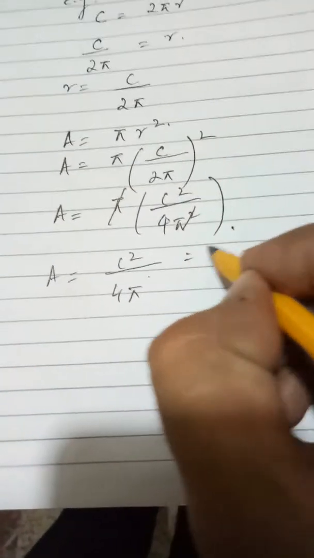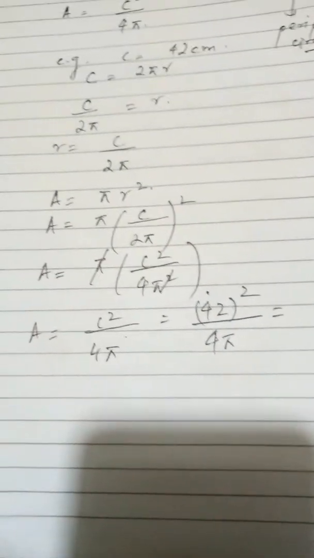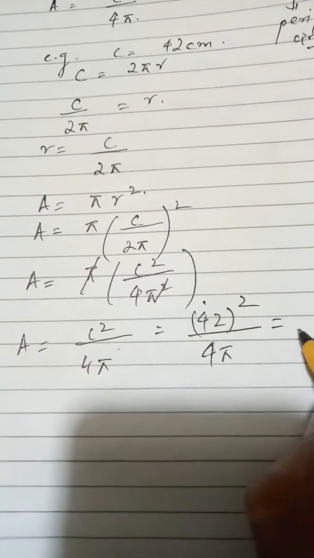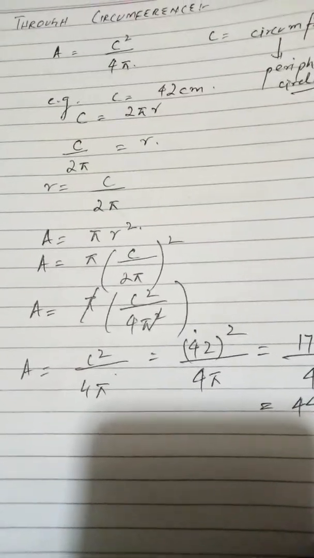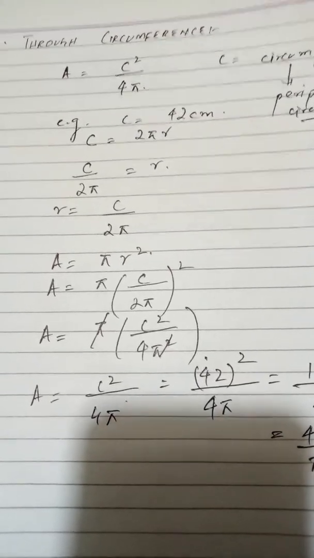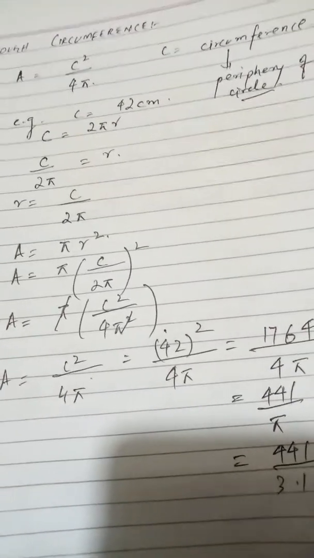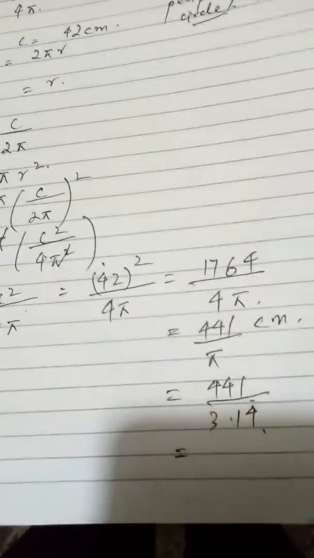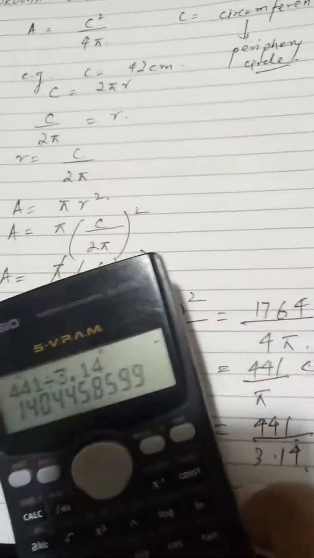So that would be 42 whole square by 4 pi, that would be 1764 by 4 pi, and that would be 441 by pi, in square centimeters. When I put it as 441 by 3.14, let's see what the answer would be. 441 divided by 3.14 would be 140.4 centimeter squared. So that is the third way of calculating the area of the circle through circumference.